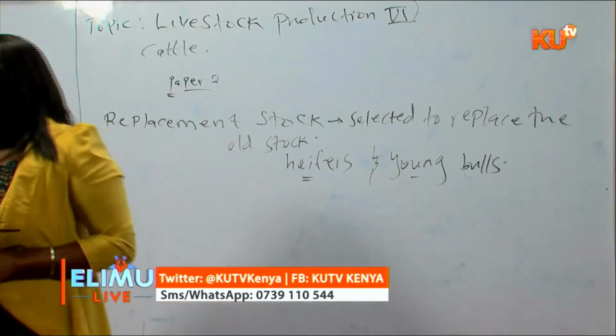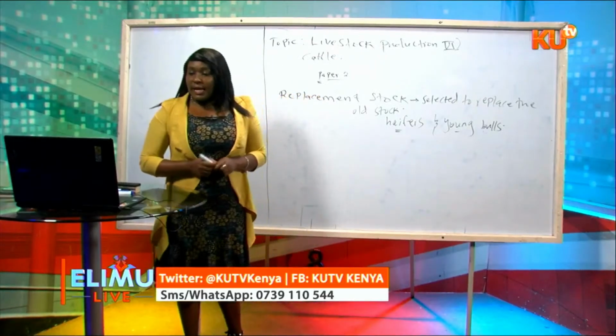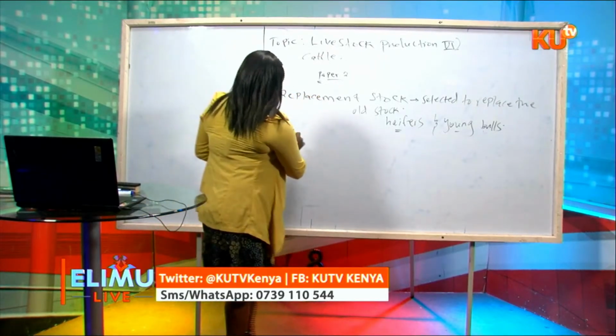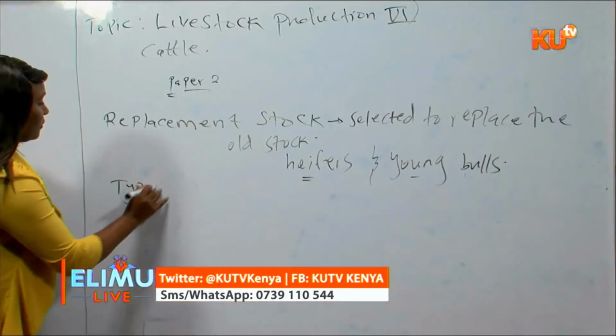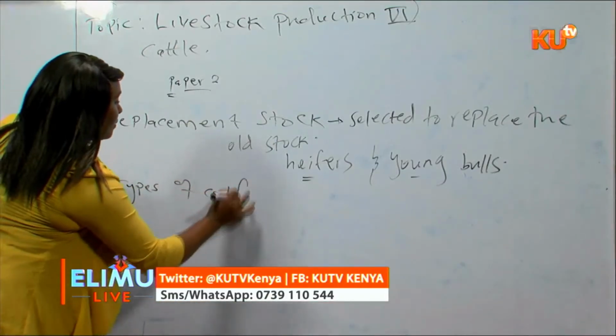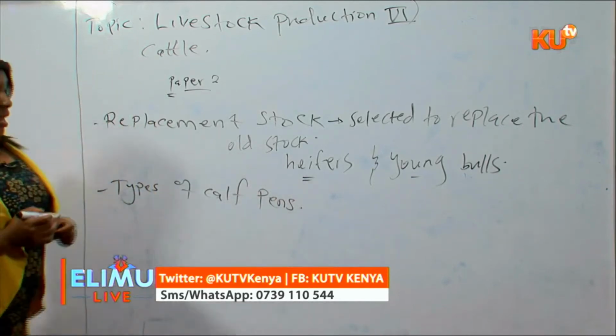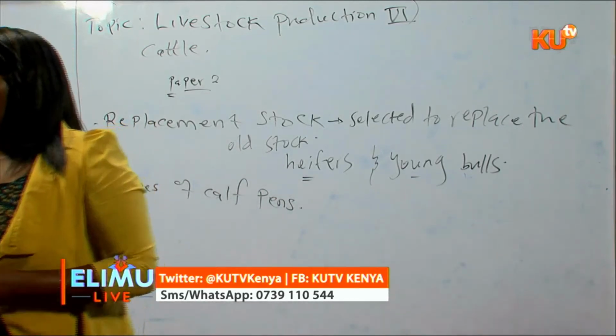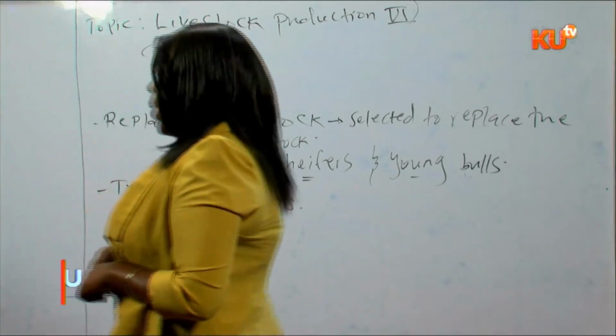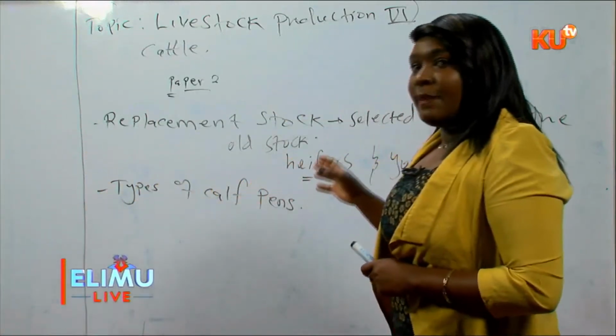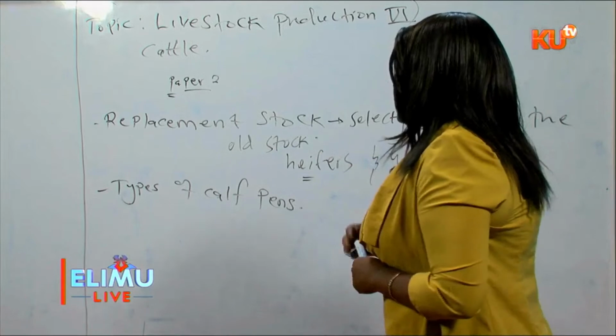Now, another of our objectives that you're going to look at today are the types of calf pens. Now, why are we looking at the calf pens? Why are we so much focusing on the calf pens, dear learner?